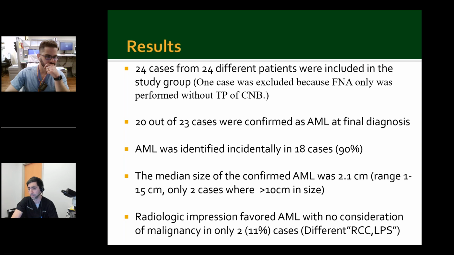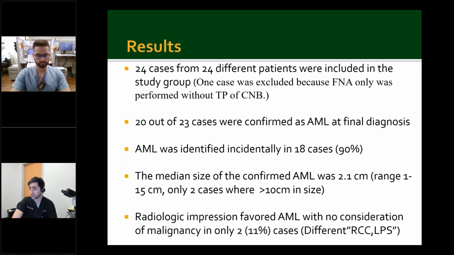The radiologic information provided at the time of the biopsy revealed that the confirmed angiomyolipoma cases had a median size of 2.1 centimeters, ranging from 1 to 15 centimeters. Interestingly, only 2 cases exceeded 10 centimeters in size, which highlights the prevalence of smaller angiomyolipoma lesions in this cohort.